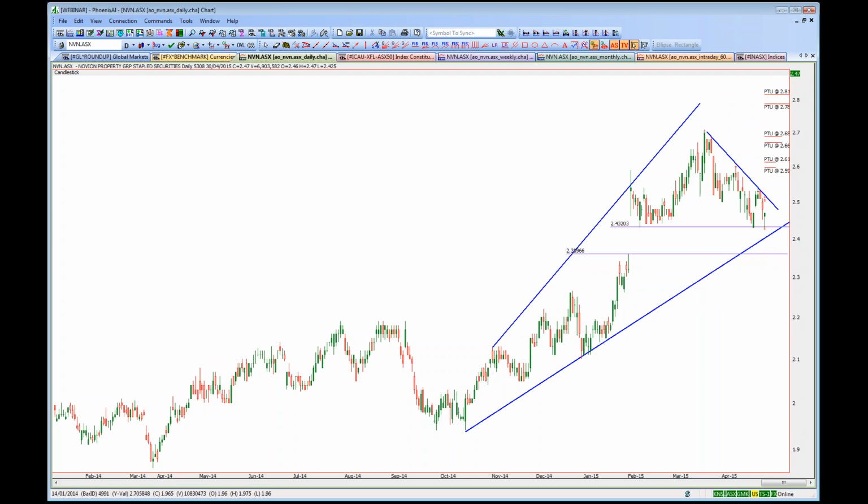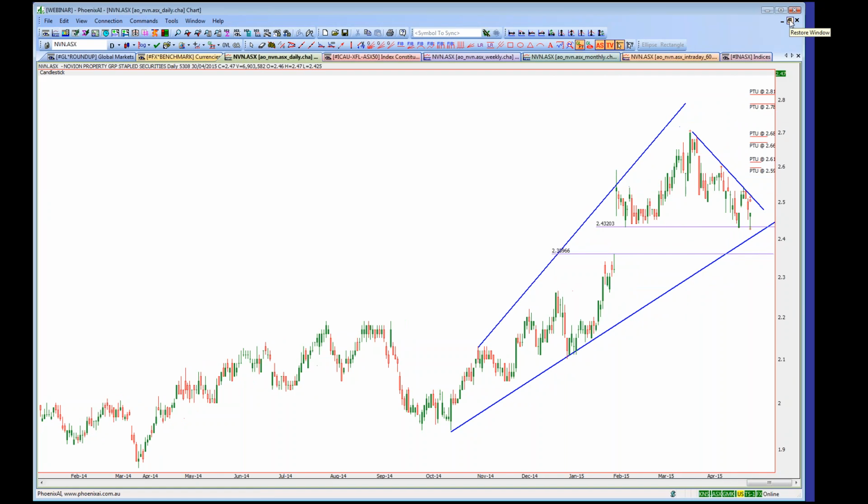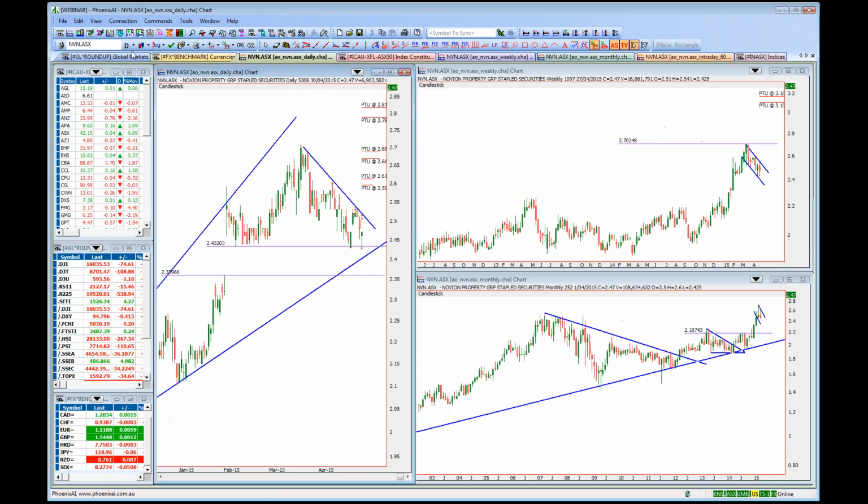It sort of almost marries the weekly at around the $3 mark, doesn't it? So that's off this pattern. So let's see how we go. So that's one to watch. If it breaks on the upside, you know what you've got to do. It's a trade. Whoever asked for that one.